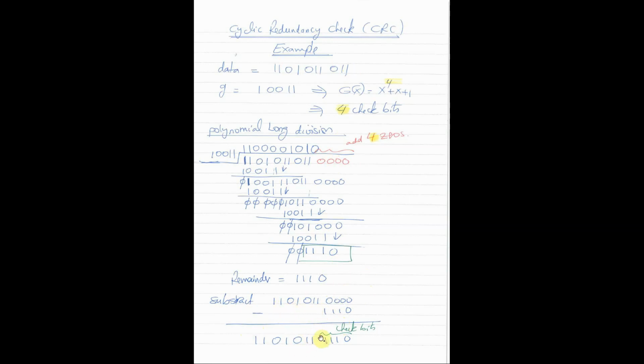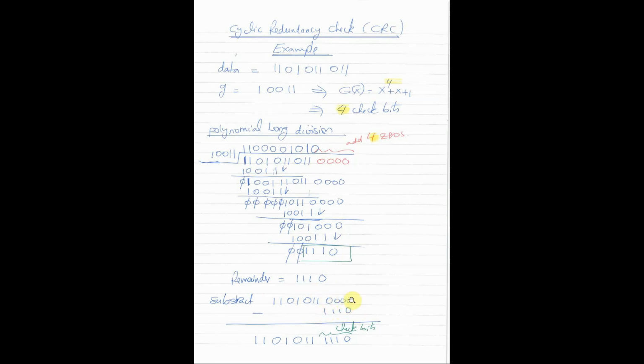I get the same data as it is, but I get the check bits at the end, which are the same as the remainder. So bottom line, I'm subtracting the data with the zeros minus the remainder. What happens is that those zeros will get replaced by the remainder.